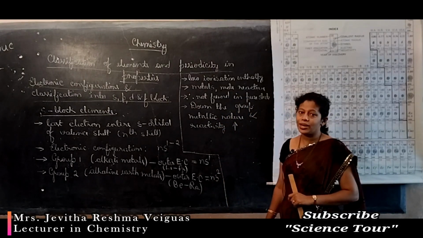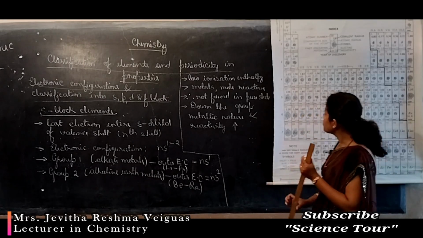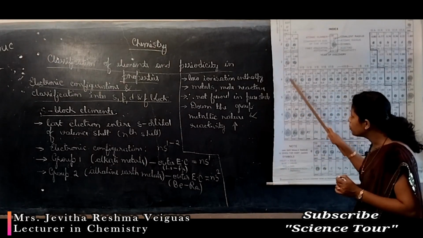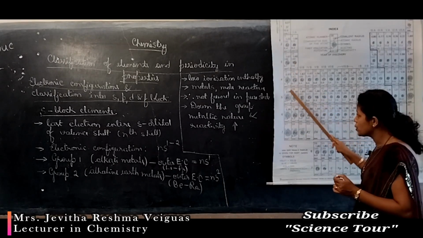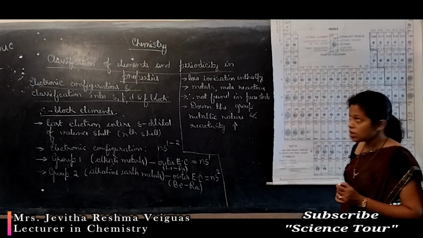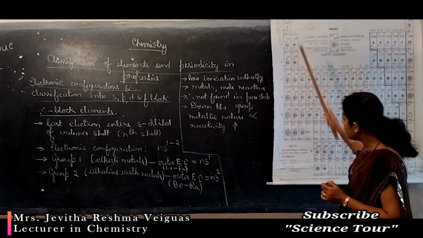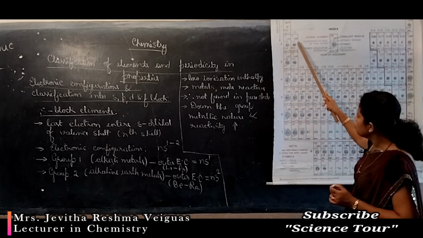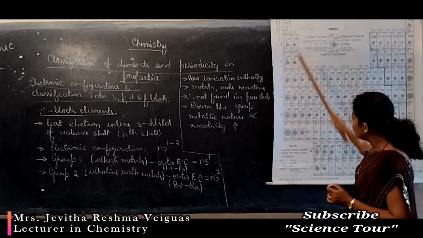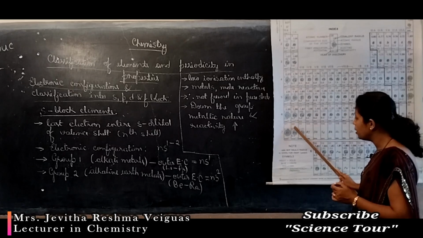Why do metallic nature and reactivity increase? Students, as you move down the group, atomic number increases. See, the atomic number of lithium is 3, francium 87. In group 2, beryllium has atomic number 4, radium has atomic number 88.